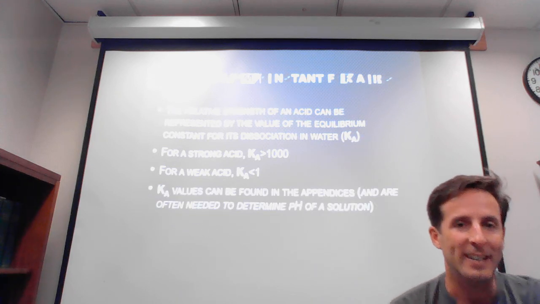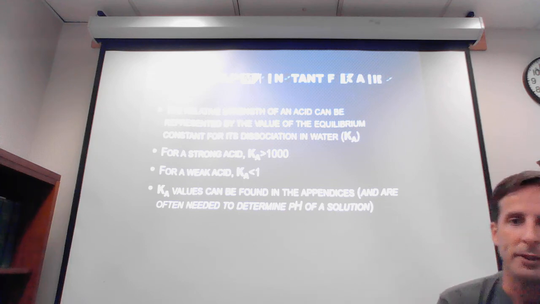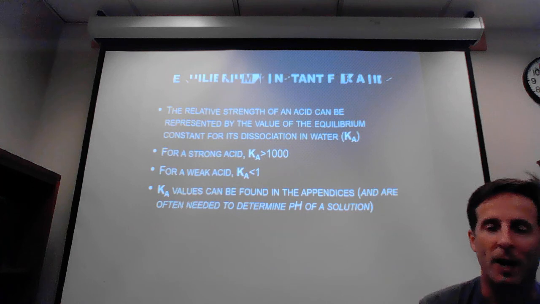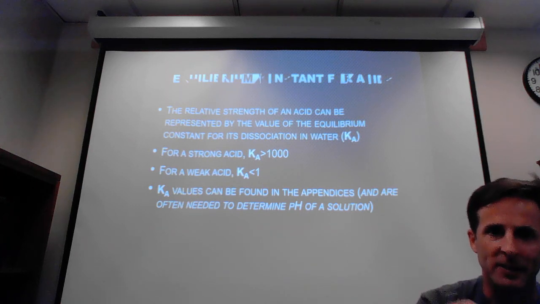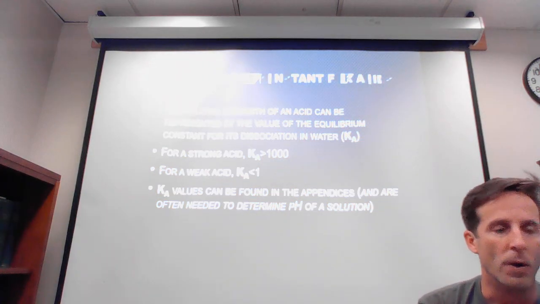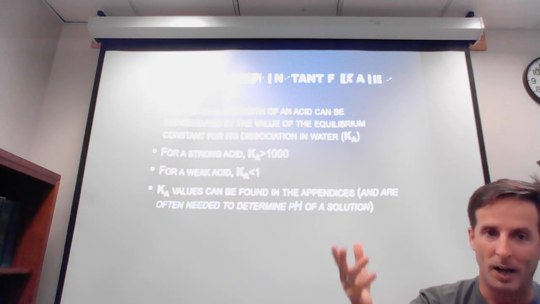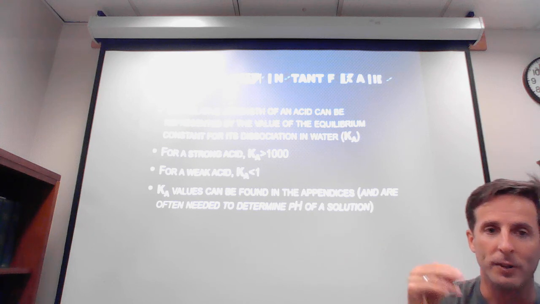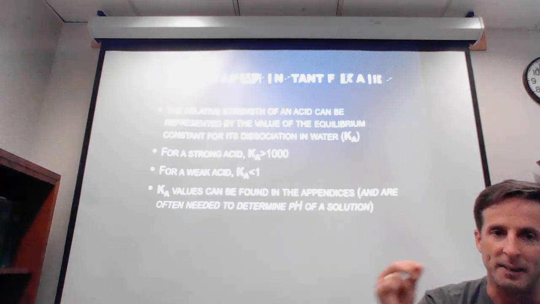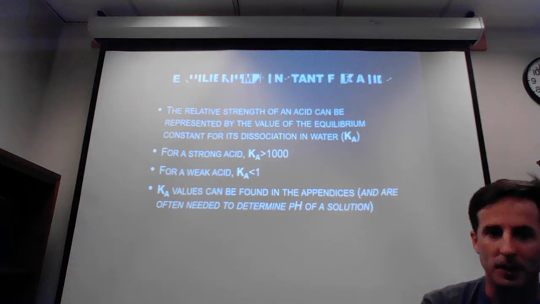We can find these values when we start doing calculations, especially with weak acids and weak bases. We can find the equilibrium constants that we need in the appendices. Specifically, it's Appendix D of your textbook. Or you can find Ka values online. Just be aware when you look for Ka values online, sometimes the numbers reported in different textbooks will be different from each other.